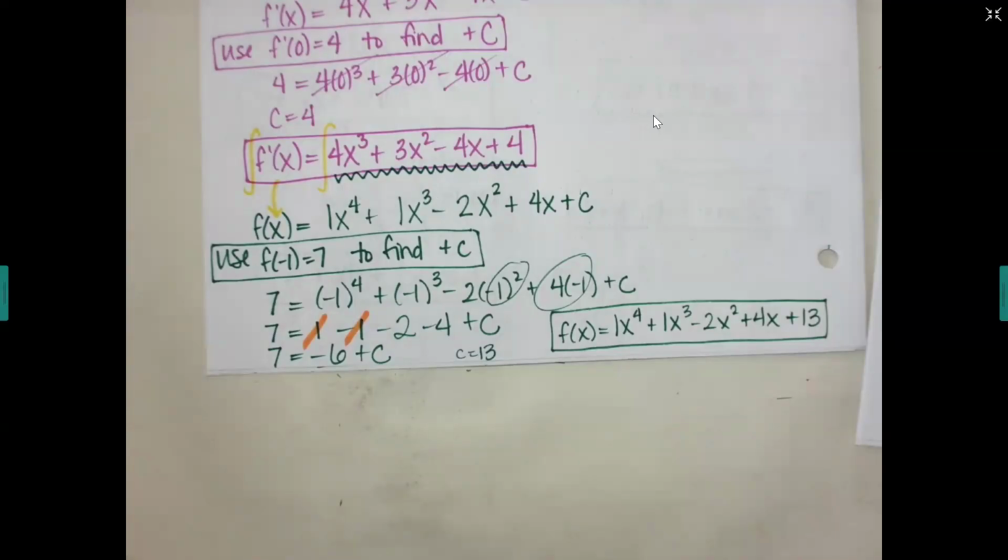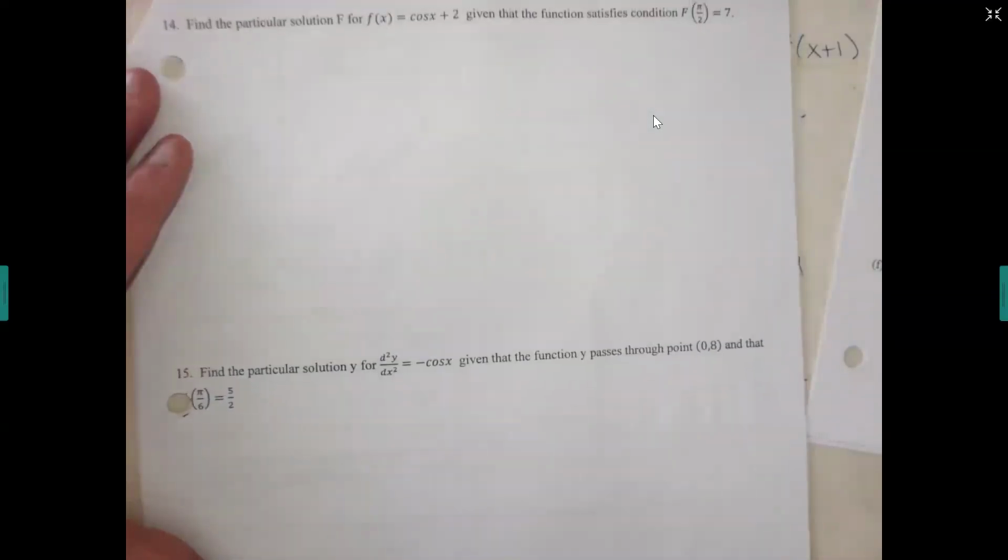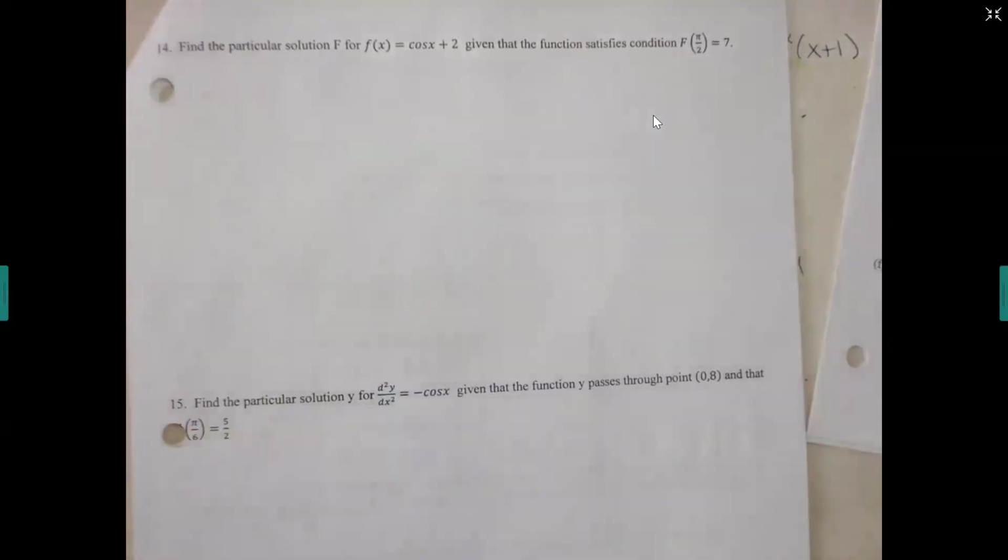All right. We're just going to do one more. Go to number 14. Okay, you have on number 14, regular f. And what are they asking you to solve for? What kind of F is this guy?